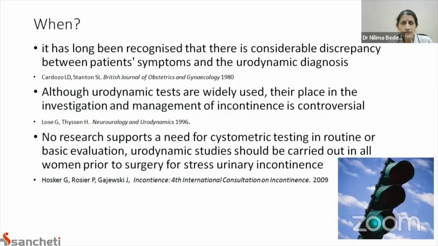Also, there are a lot of studies to support that only if a surgical option is needed should the urodynamic test be carried out. So if surgery is now indicated, then the urodynamic studies should be carried out. Because urodynamic tests are not without distress, it is an invasive method where various tubes are inserted into the bladder, urethra, and the rectum.